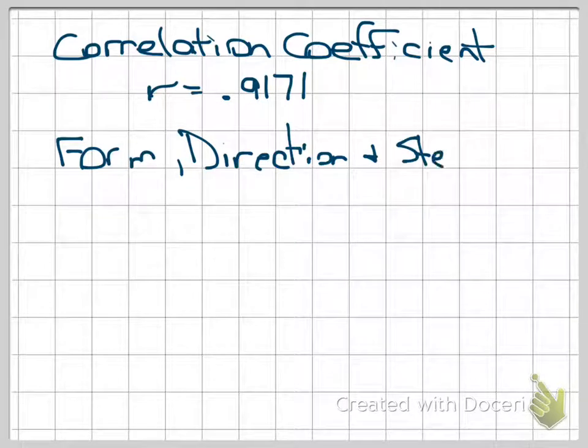And that's where R comes in, because it does a lot of that for us. The correlation coefficient is only for linear models, so we're good with that. Direction, we know that our correlation coefficient is positive. And we know that 0.9171 is fairly strong. So this is how we would say it. We're going to go ahead and put it in context.